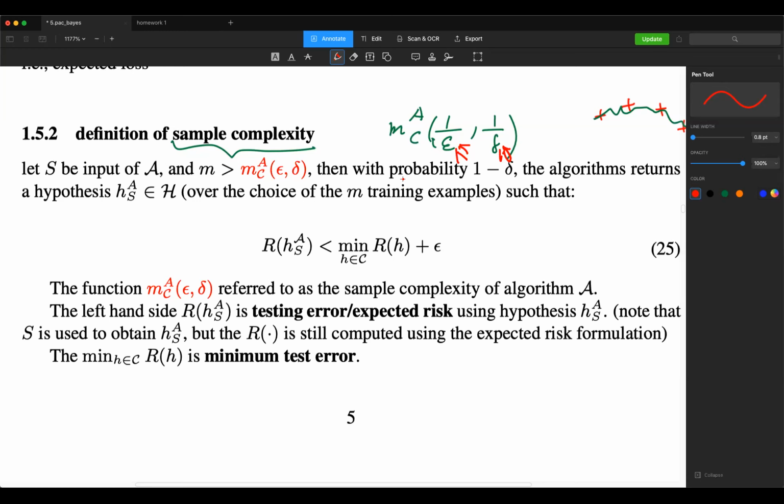So epsilon is the approximately correct part. So probably approximately correct. PAC.